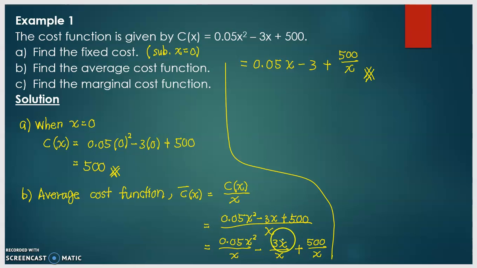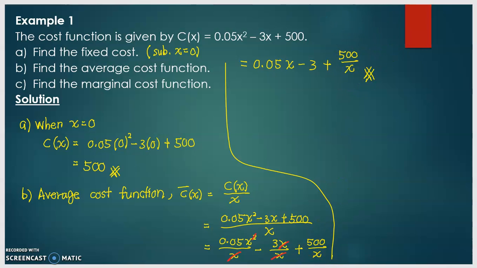Kita pecah bagi dalam bentuk 3 bahagian ni, kemudian kita ringkaskan. Bila x kuasa 2 bagi x, tinggal x sajalah. So this one we can cancel out. So what we have here is only x. So 3x over x, bila kita cancel out, tinggal 3 saja. So plus 500 over x. This one cannot be simplified, tak boleh nak ringkaskan, kita biar saja.